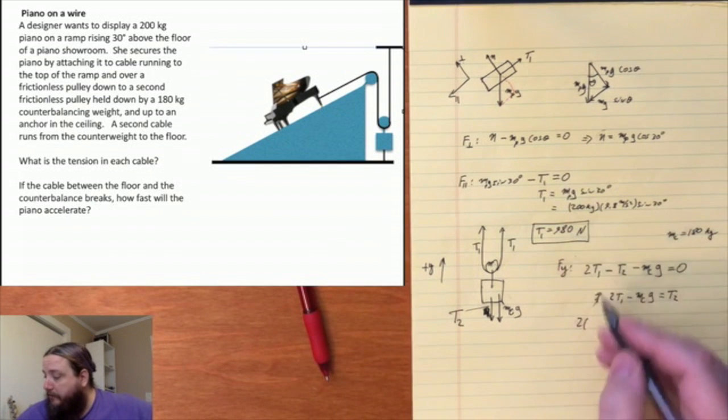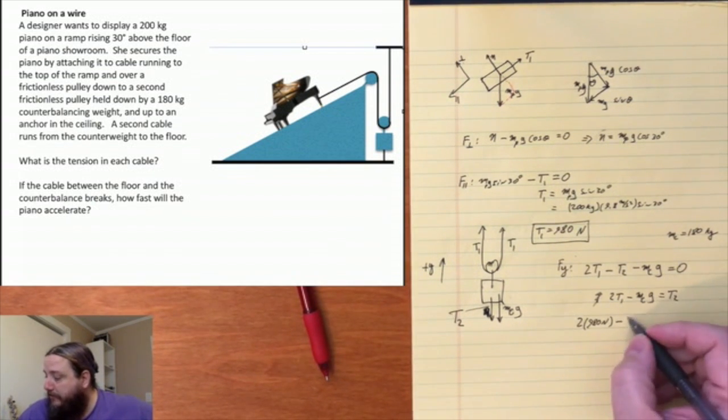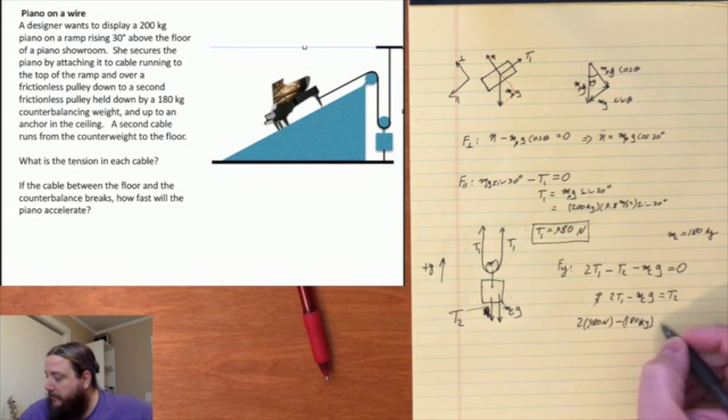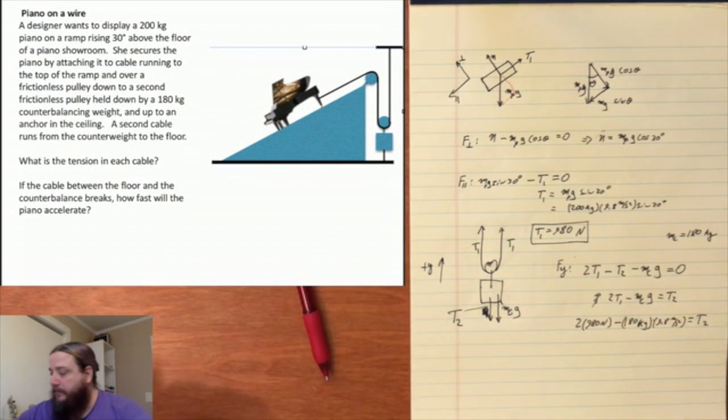2 times our 980 newtons minus 180 kilograms times 9.8 meters per second squared is equal to our tension 2.